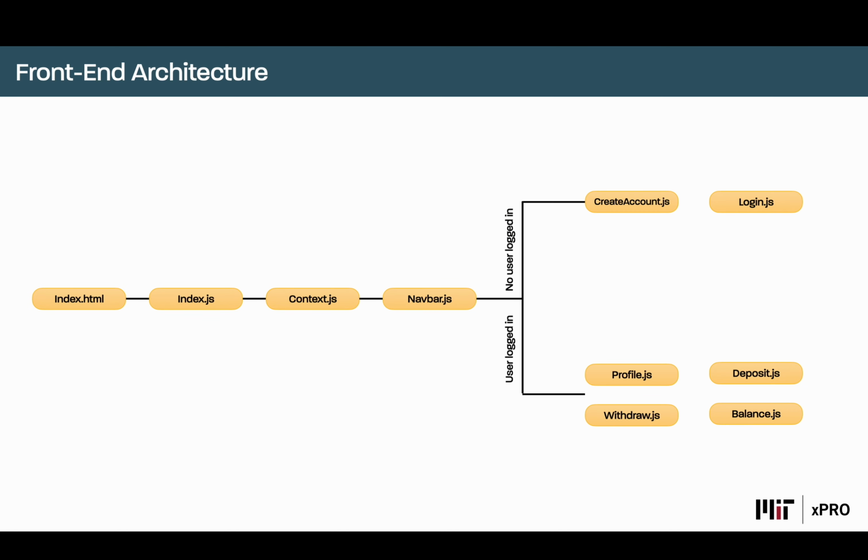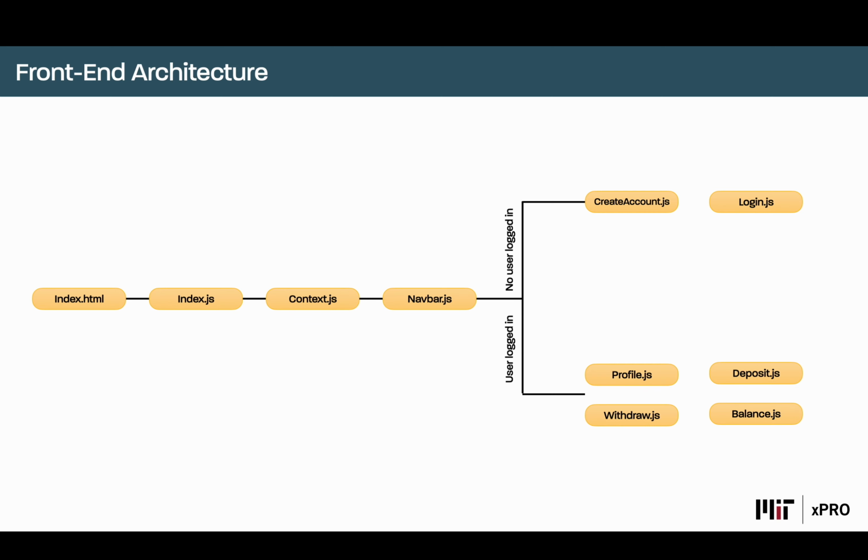When it comes to front-end architecture, I have quite a few files. There's obviously the index.html and then an index.js, which basically loads everything up. Then I have a context.js, which is very important because once we load into the application, a lot of things are held there, so that I don't have to call the backend for every single thing.